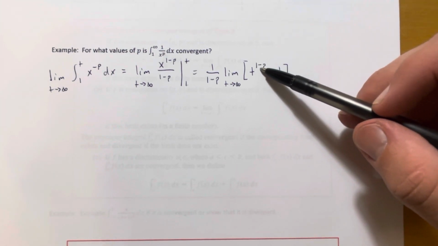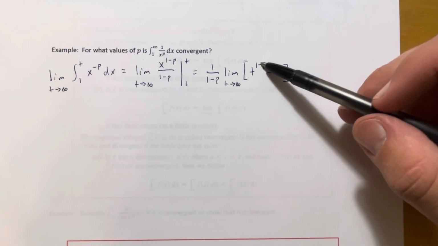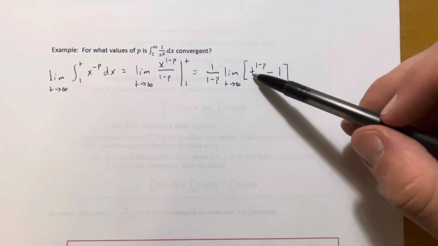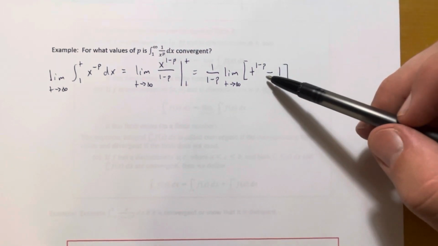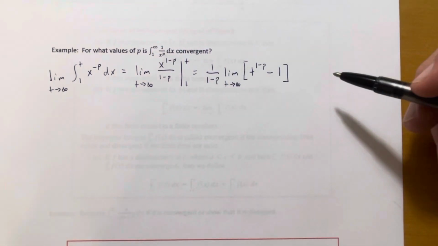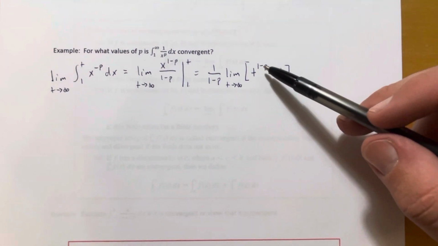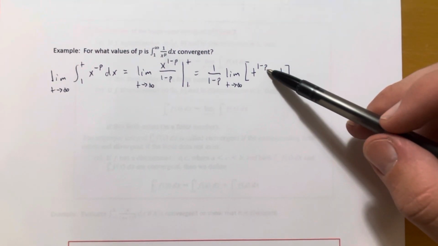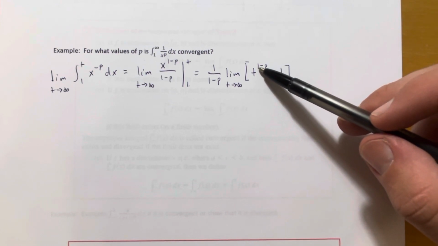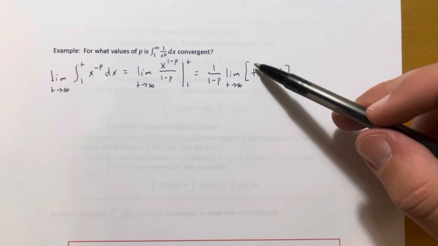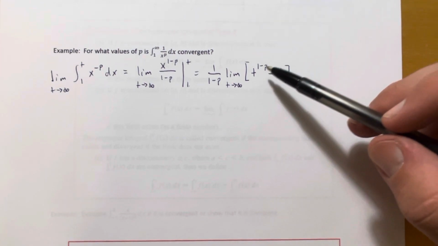So that means if this 1 minus p is positive, meaning I have t to a positive exponent, then as t goes to infinity, that power function is going to go to infinity, and so all of this is going to be divergent. If this is less than 0, then this can be thought of as a negative exponent, which means I could write it as 1 over t to a positive exponent.